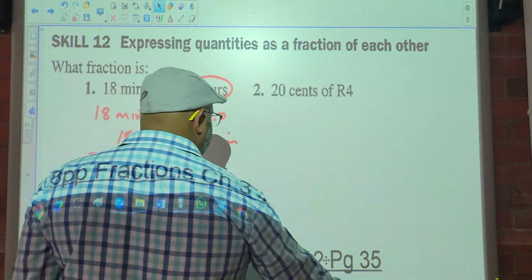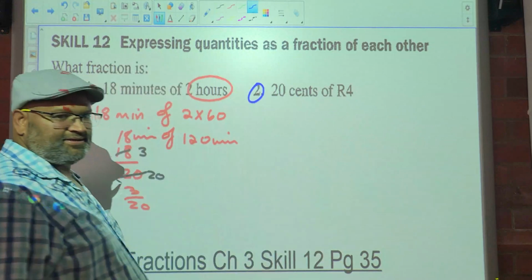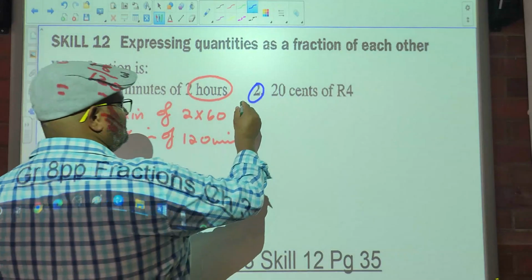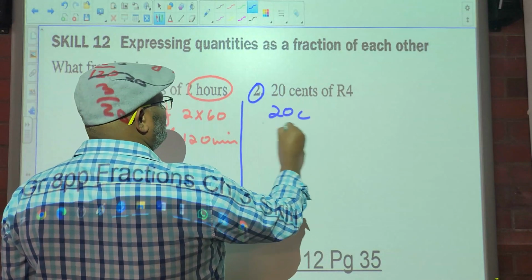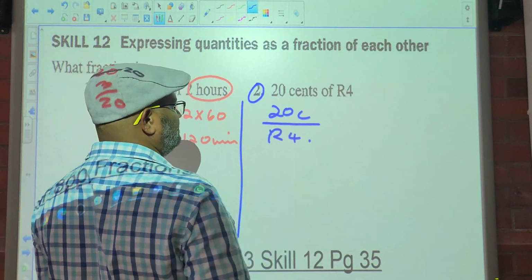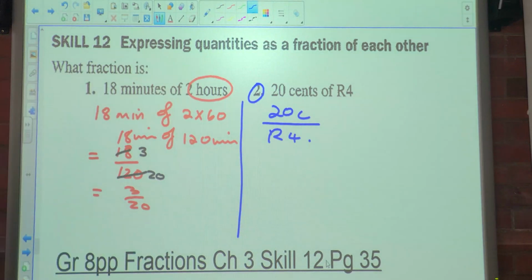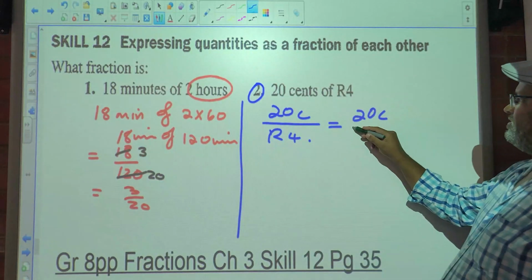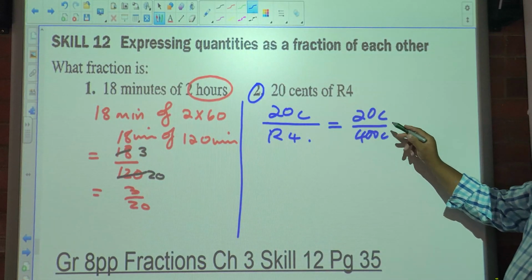Let's look at number 2. We have 20 cents of 4 rand. So I get 20 cents over 4 rand. How many cents are there in a rand? 100. So 4 rand is how many cents? 400 cents. Now I can cancel.